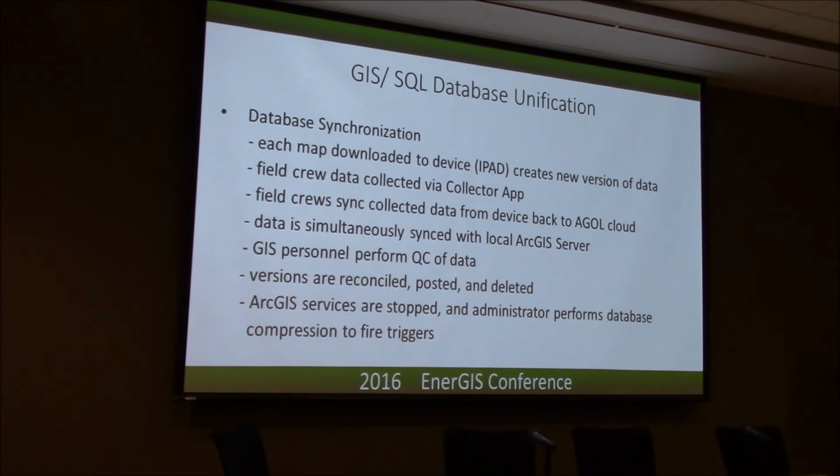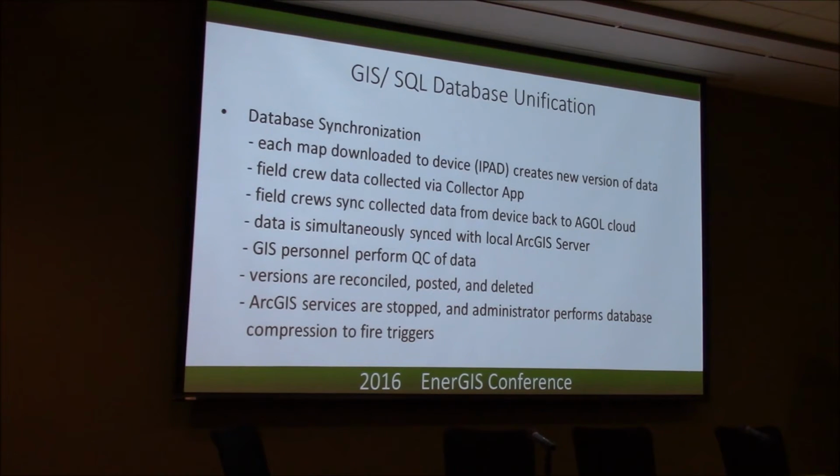This allowed the GIS staff to perform QA/QC on the data before it was pushed into the legacy SQL table. Part of that process is that when you get the data back from ArcGIS Online, in that versioned data you have to change versions to that user's version.